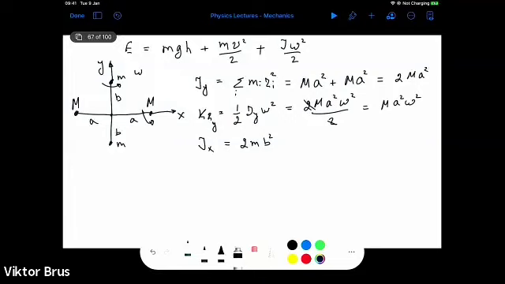That is the case when we start to rotate this system of masses about an axis which goes through the center of this cross, perpendicular to the plane of the image, which let's call axis O, and which means that we rotate this system of masses in the XY plane.